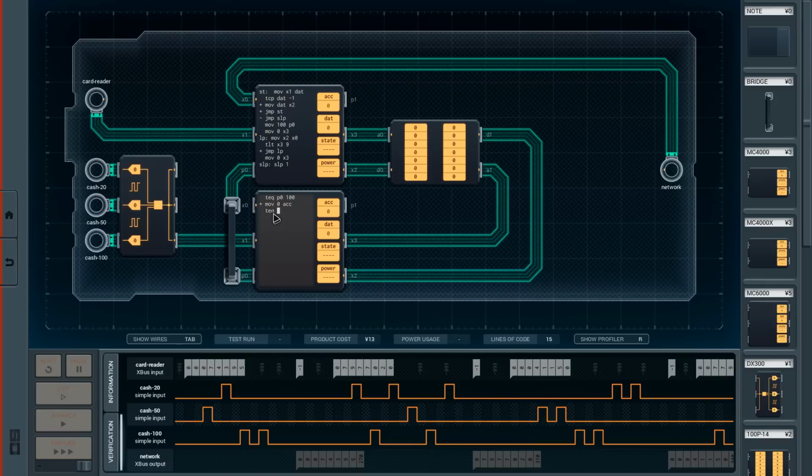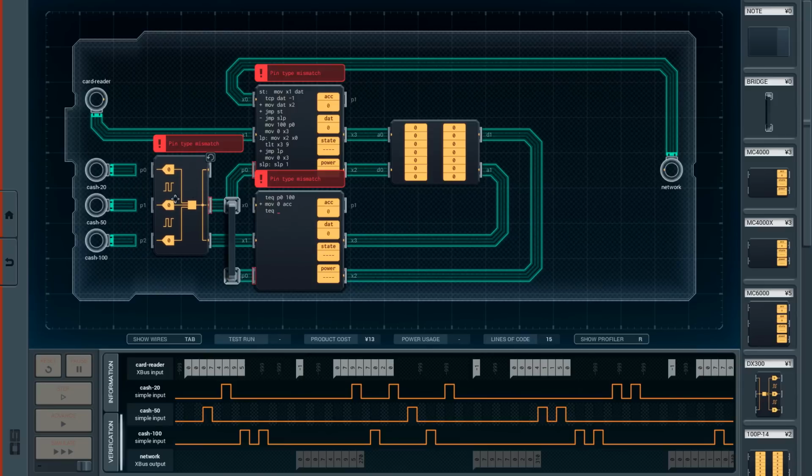So test if equals, and I'm going to remember that P2 is the one that's associated with 100, right?